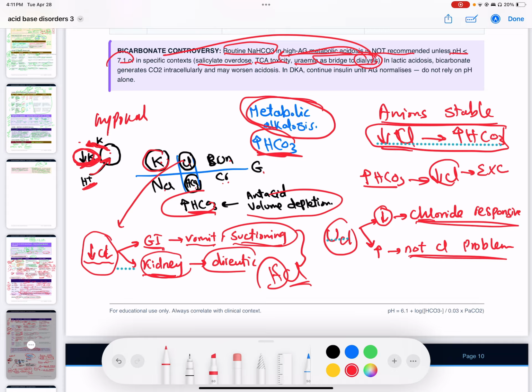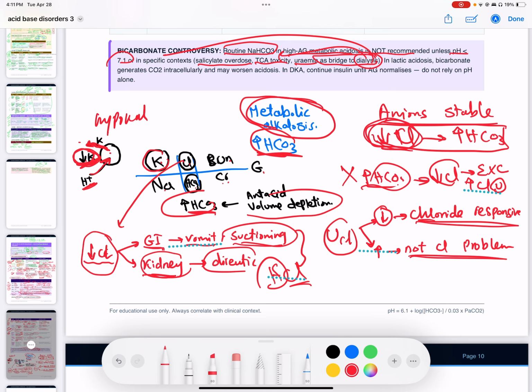So if you look in the urine, you'd see a lot of urine chloride, because you're trying to lose it to compensate for the high HCO3. But actually, this is not the case here. You check the urine and find the chloride is low, which means the problem is not in the HCO3 to start with. It's a chloride issue to start with.